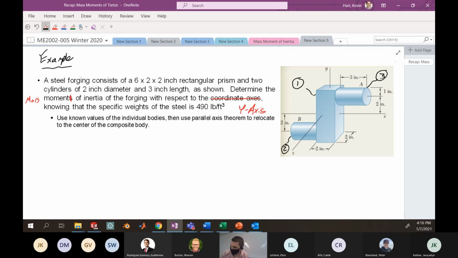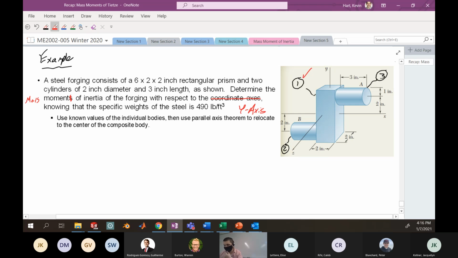So let's draw in the centroidal axes of each of these objects. For object number one, the XYZ coordinate system they give us is already the centroidal XYZ system, so nothing additional is required. These axes are the centroidal axes of object number one.